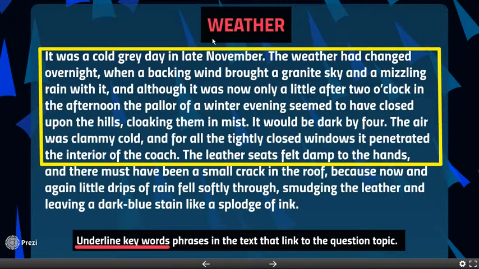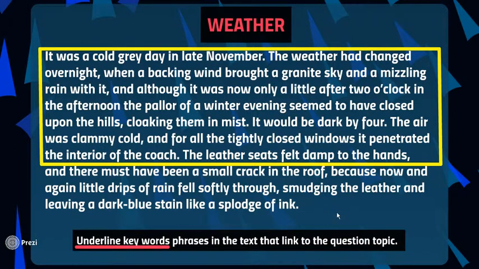And as a little reminder, the question topic in this case is weather. So within this box, you might like to read that through and consider, okay, well, what points are being made specifically about the weather? I'm just going to give you a second to have a go at that yourself before we move on and have a look at the answers. So do pause the video if you need a little bit of extra time.